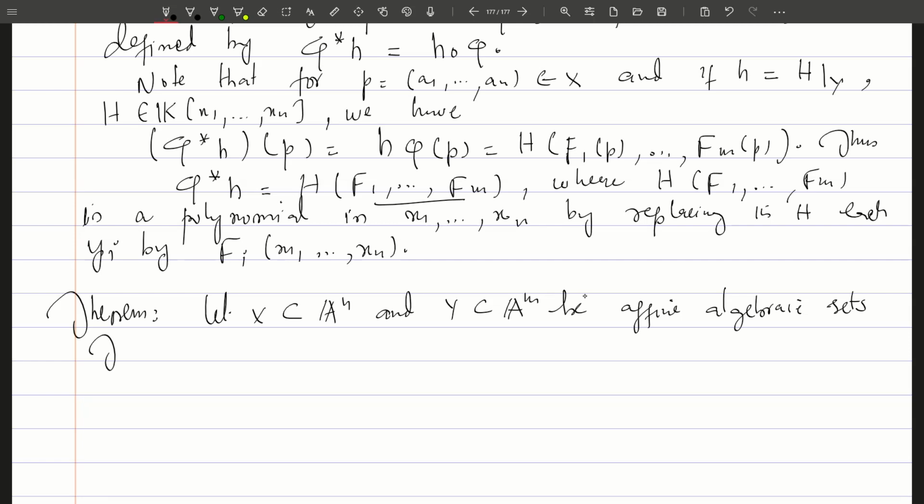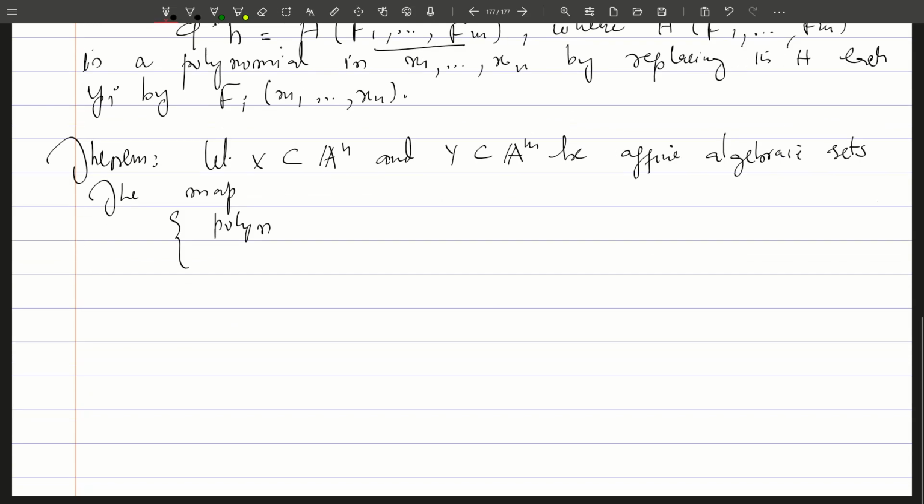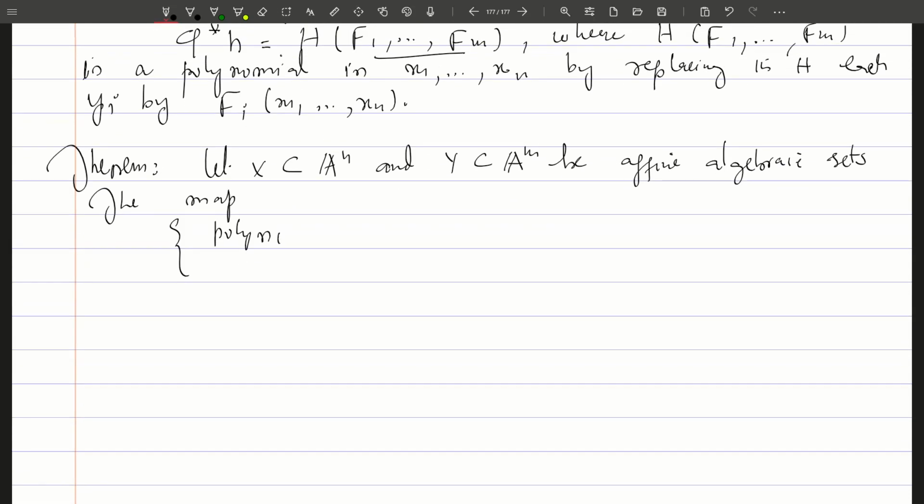So the map from the set of polynomial functions, say phi from X to Y, to the set of k-algebra homomorphisms.